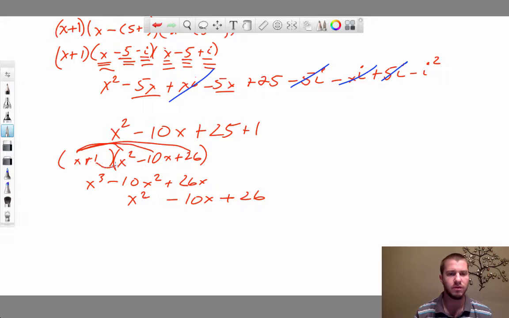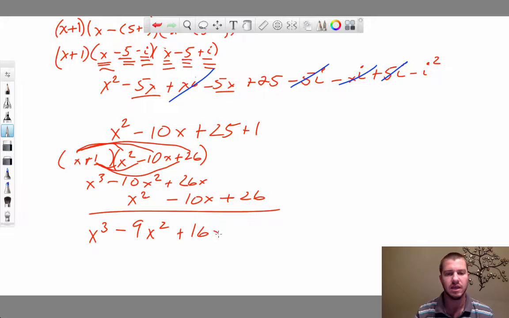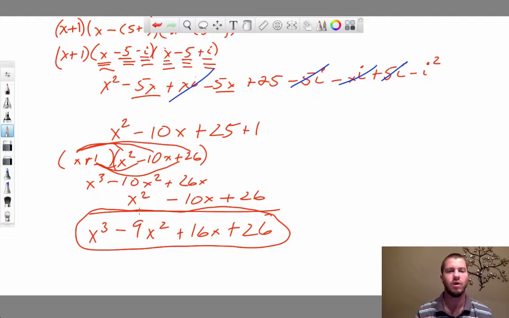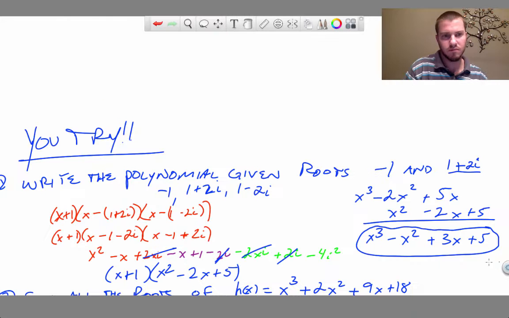That was distributing the 1. Now I line these up vertically this time with their like terms matching. x cubed minus 9x squared plus 16x plus 26. This is my polynomial with those roots.